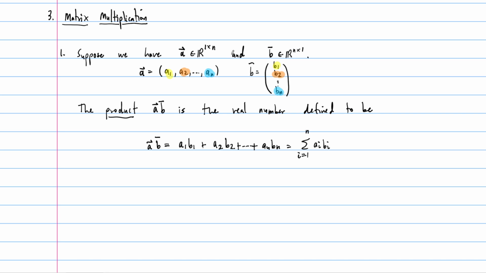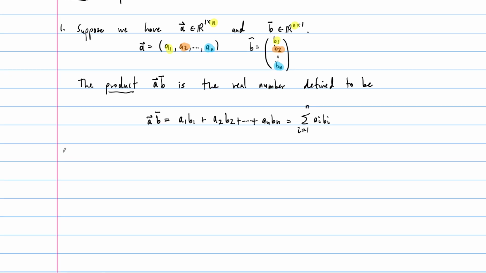And together they give us back a number, right, which we can think of as a matrix, if we wish, in R 1 by 1, 1 row, 1 column, right? So essentially what's happened here is we've had to make sure that the number of columns of the first one matches the number of rows of the second one, and then those two numbers collapse with each other, and we just got this number back. It's a very simple scenario, right? We just have to make sure they're the same on this one, and then we can do this, right?